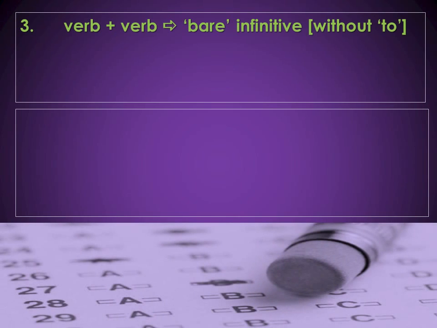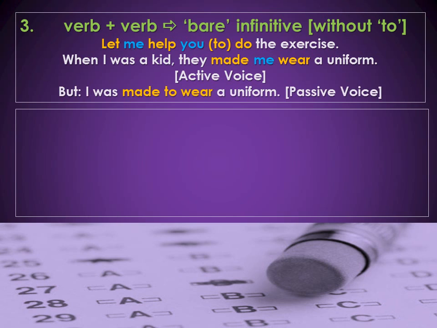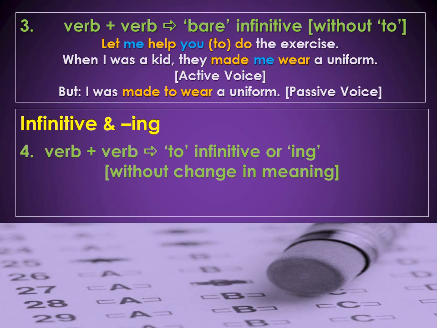Okay, bare infinitive without to. We talked about these cases in class. Just remember that make used in the passive voice is followed by to infinitive. Now, as for the second big category, verbs that take infinitive and ing, first lot of verbs without changing meaning.